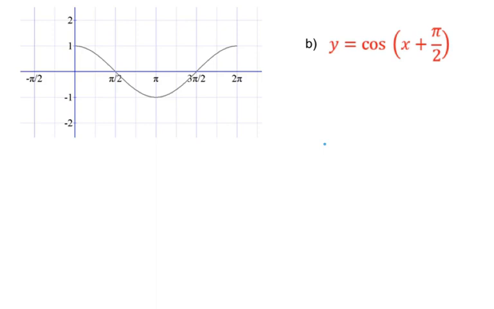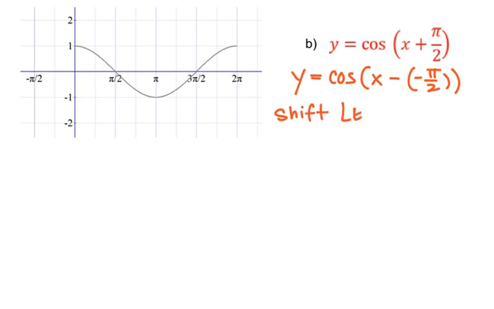And if we think about trying to write this in our standard form with a minus, that would be x minus negative pi over 2. So putting that minus in there lets me see we are going to shift left pi over 2 units.